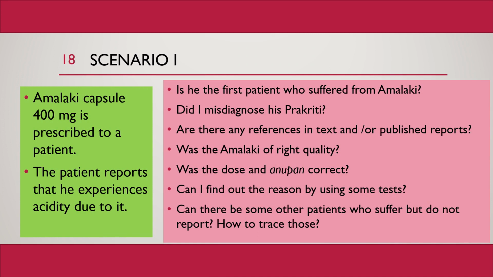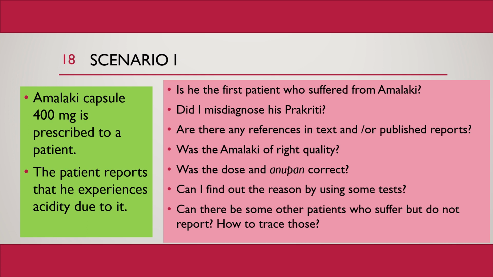In a clinic, you prescribe ANNAMBHATTA capsule 400 milligram, and the patient reports that he experiences acidity after he consumes that capsule. He calls you and tells you this after 3 days of taking the medicine. After you receive this phone call, you come up with various questions. Is he the first patient who suffered from ANNAMBHATTA?